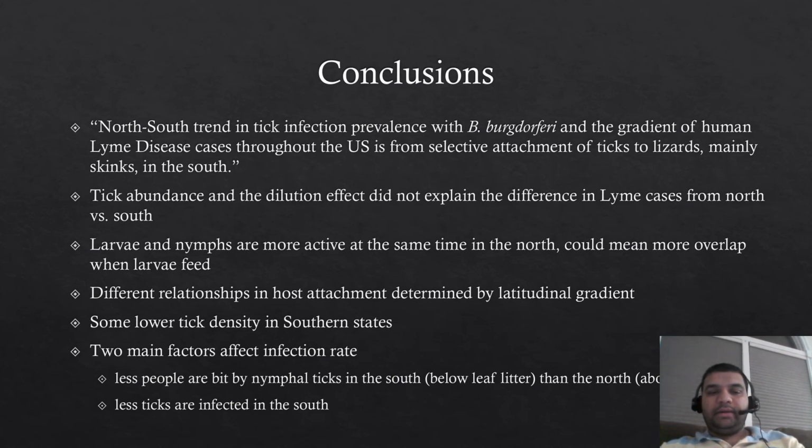To sum it up, I thought it might be a good thing to pull up the sentence that I thought brought everything together in this paper. It says the north-south trend in tick infection prevalence with Borrelia burgdorferi, and the gradient of human Lyme disease cases throughout the U.S., is from the selective attachment of ticks to lizards, mainly skinks in the south.